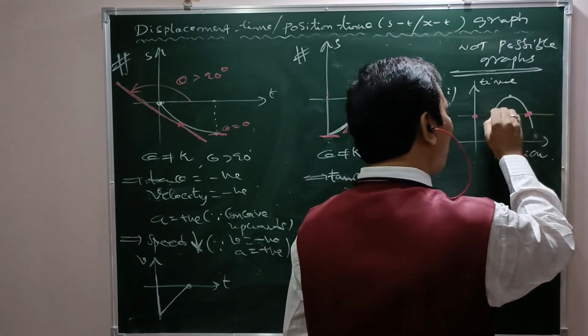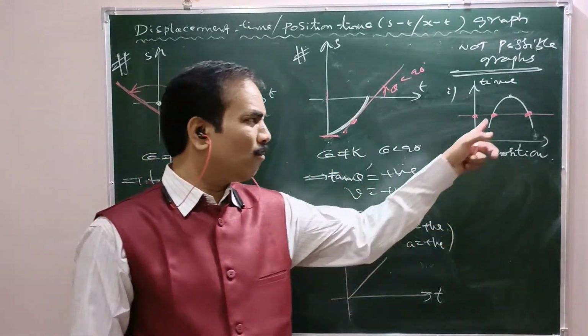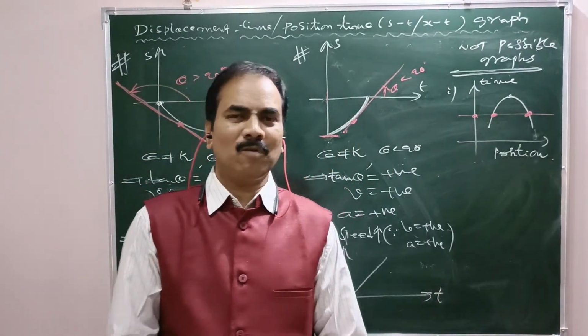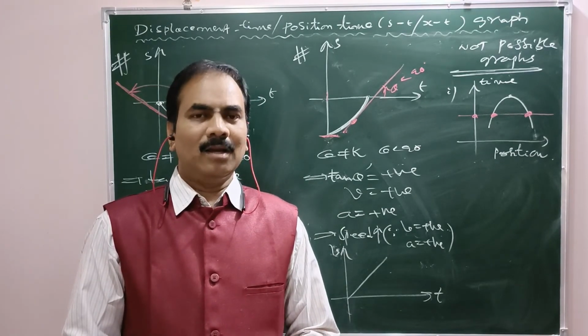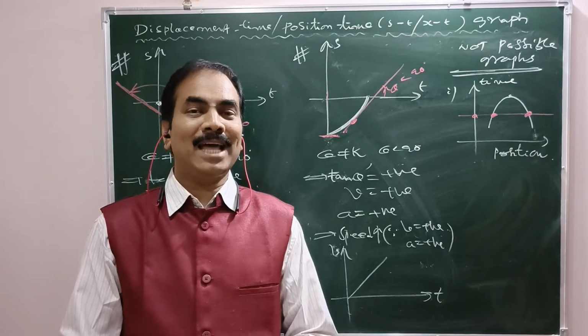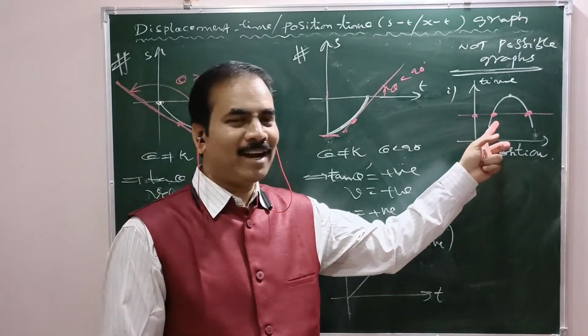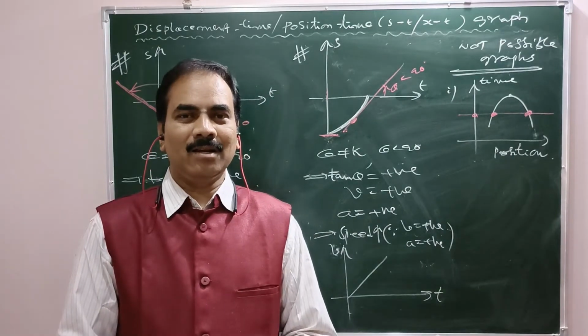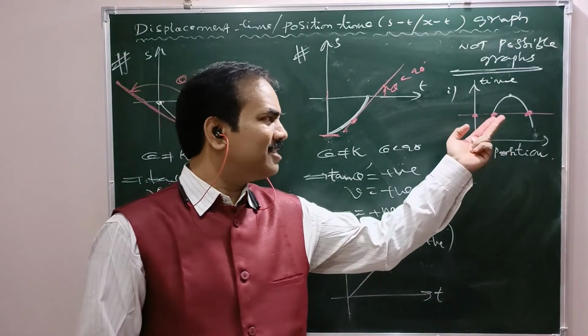Is it possible for a particle to remain at two positions at a given instant? Not possible. Why? Because a particle cannot exist in two places or three places or more than one place at a given instant. It's not Lord Venkateswara or Lord Sri Krishna to be here and there. It's just a particle.